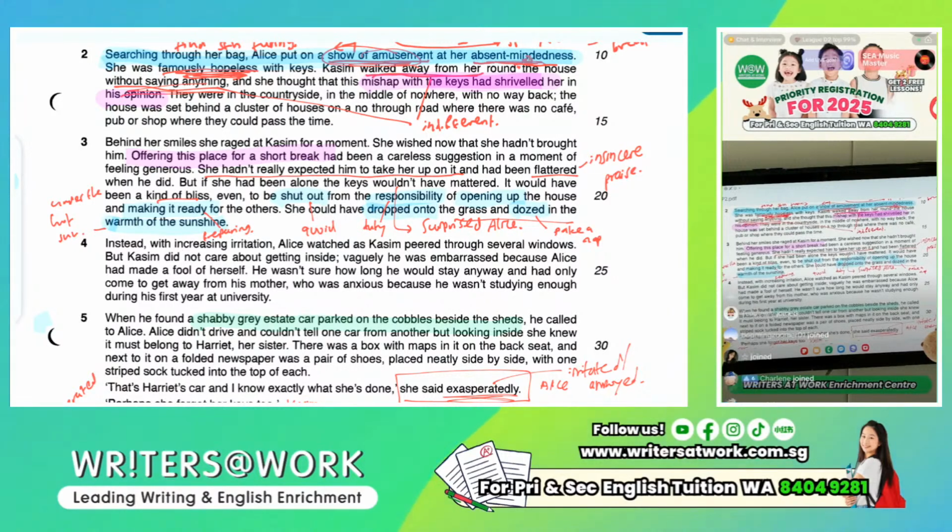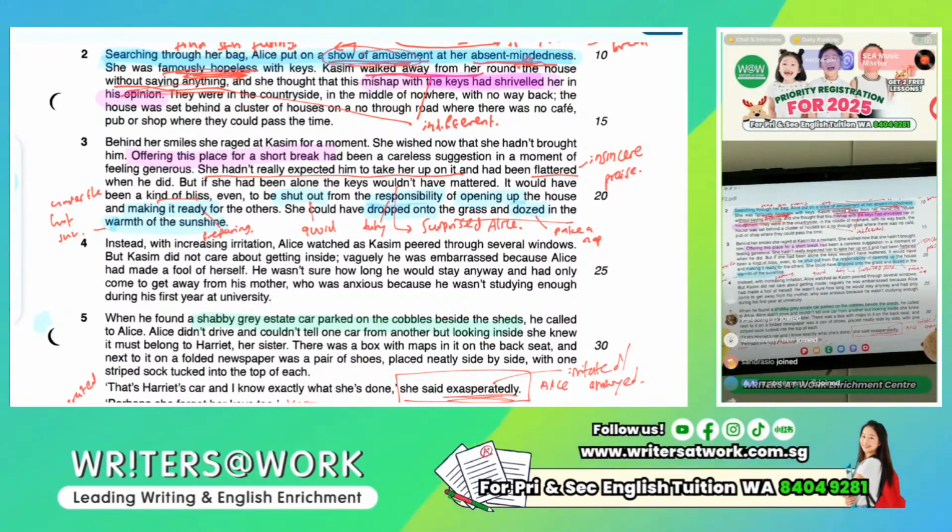So in a sense, the main idea of the emotion still comes from paragraph 2. And you could see that the subsequent few lines after the first sentence are talking about Kasim's reactions, so there isn't anything related to Alice.